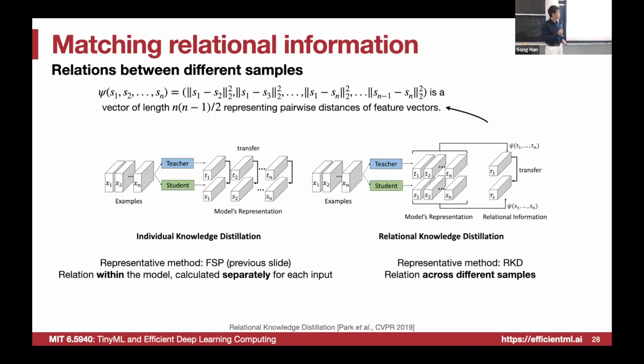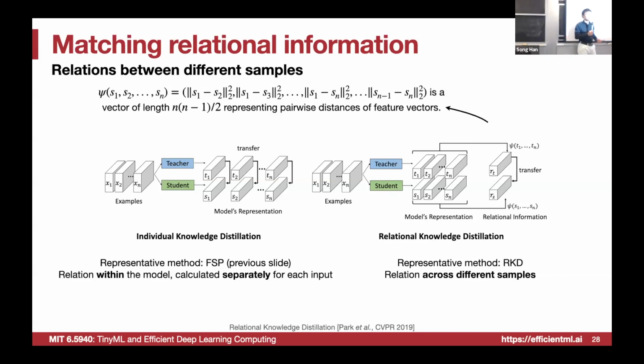Here we can take a closer look. This is the previous conventional knowledge distillation. I try to match the teacher's and student's feature maps among different inputs, different examples. We have n examples here. But now we also have n feature maps for the teacher and n examples for the student. But here we try to define the feature of all these n students to be the distance between the student's first input and second input, and also the first and third, and also the first and the last.